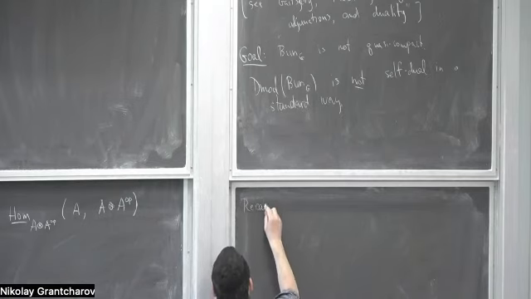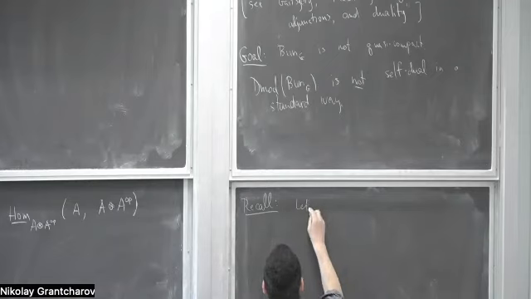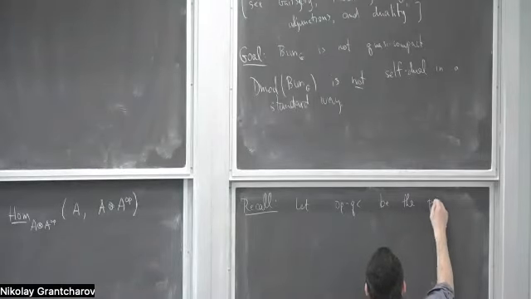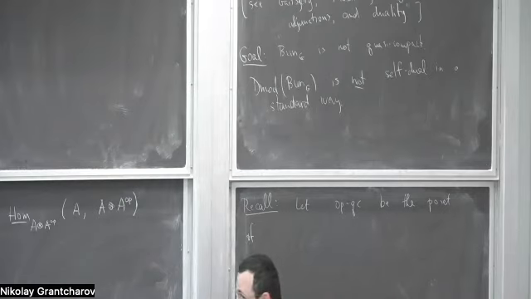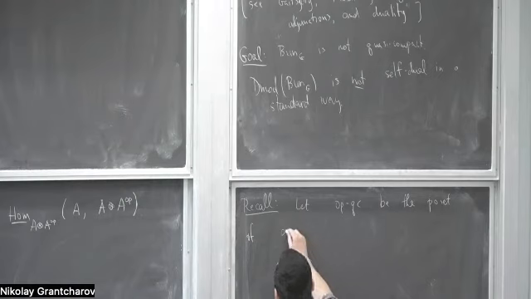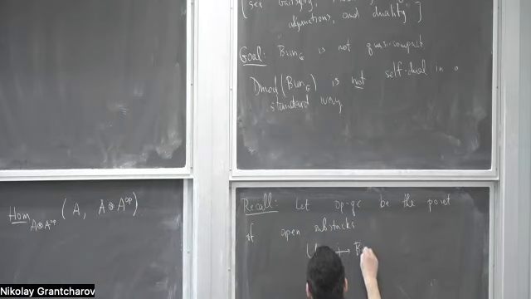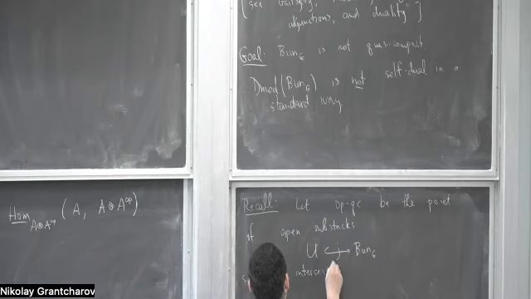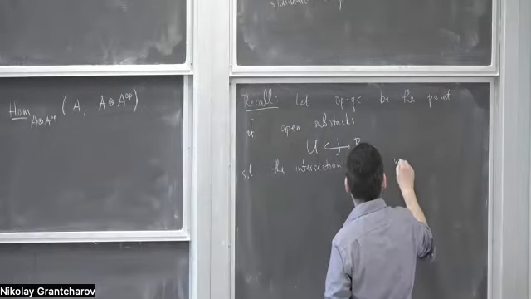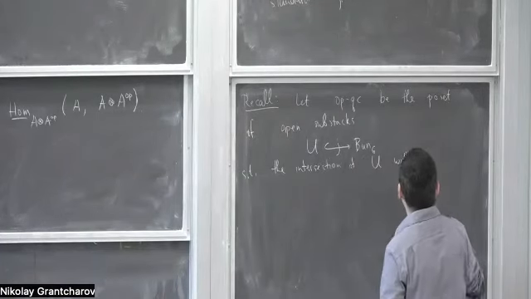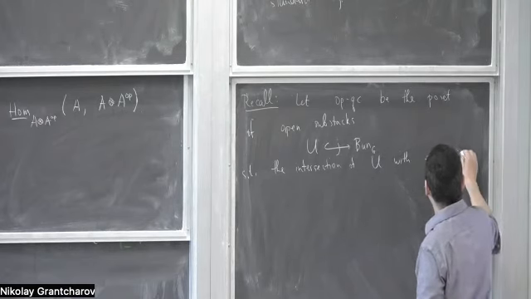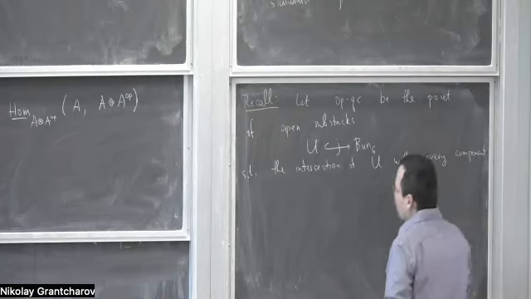Recall, you have the following description: D modules on BunG. Consider the poset of open substacks U, with BunG as the union, such that every connected component of U is quasi-compact.